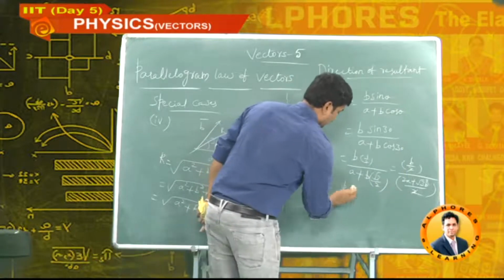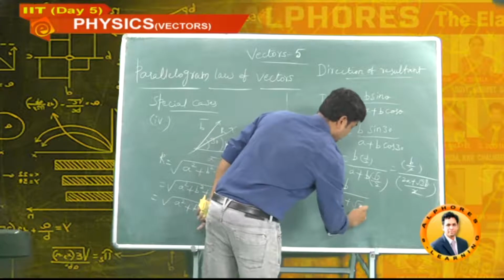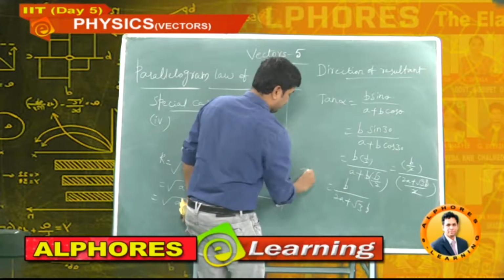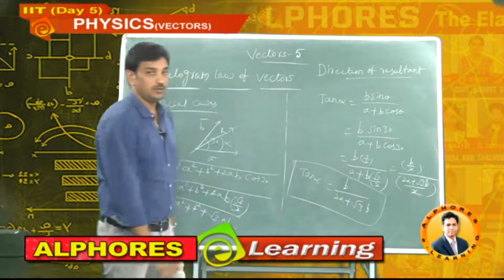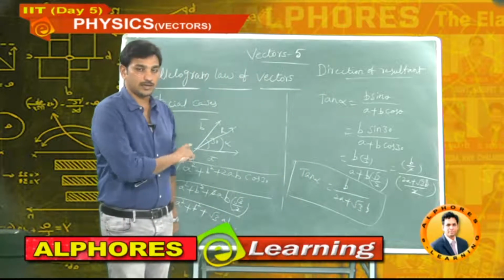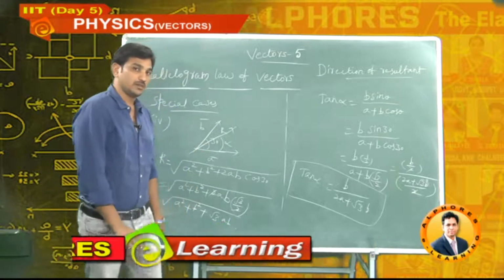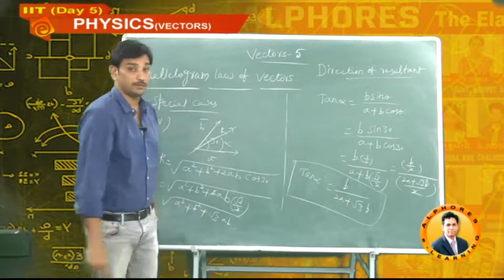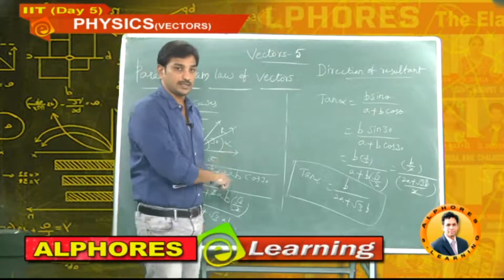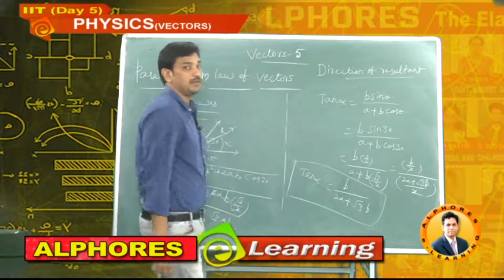Now, B by 2A plus root 3B. So, when two vectors A bar and B bar have an angle of 30 degrees, the magnitude of the resultant is root of A square plus B square plus root 3AB, and the direction of the resultant is tan alpha, that is B by 2A plus root 3B.